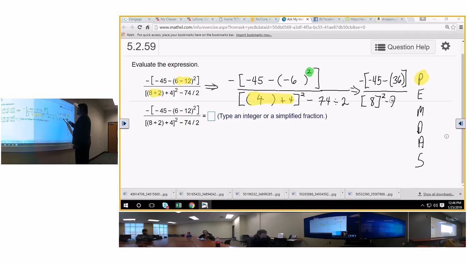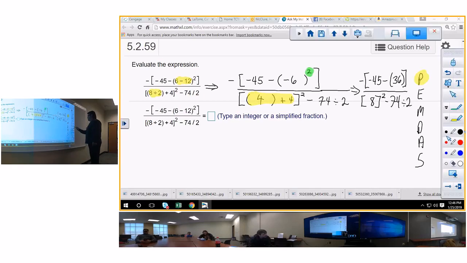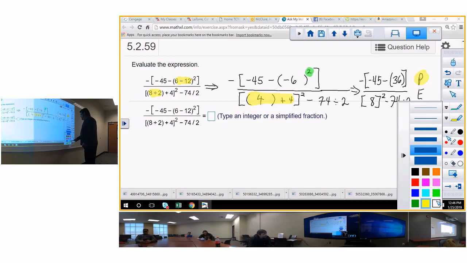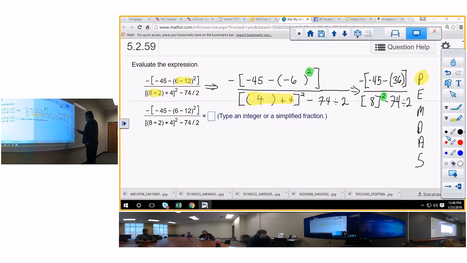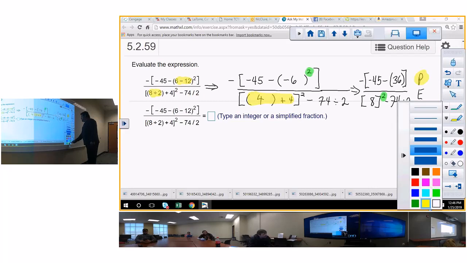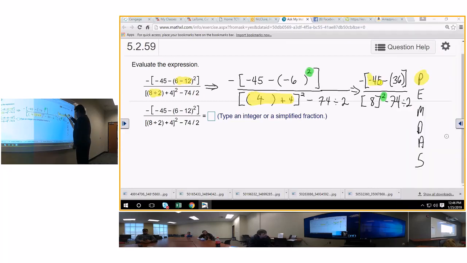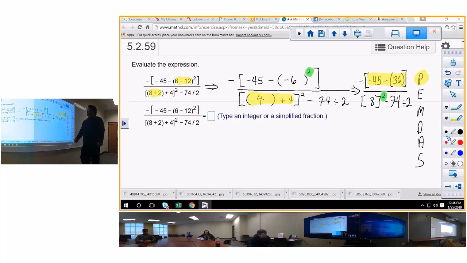Minus 74 divided by 2. I'm going to take my handy dandy green highlighter and highlight this, and we'll do that next. Take my yellow highlighter and we're going to do this next, because it's in parentheses or brackets.